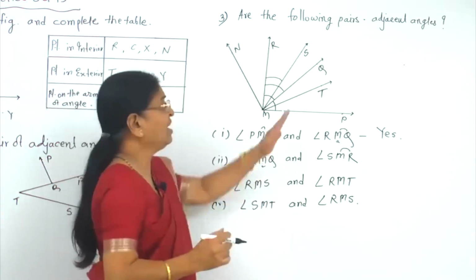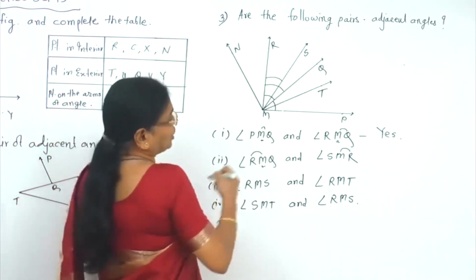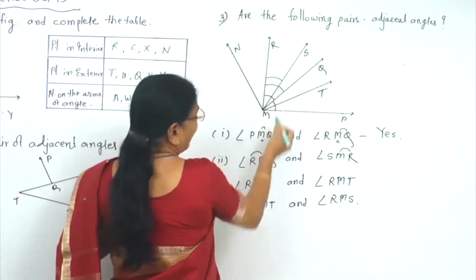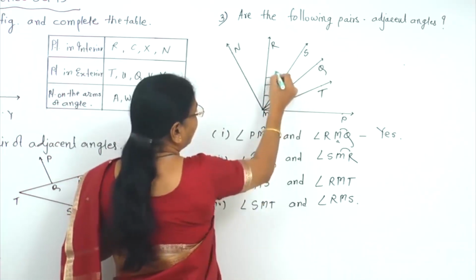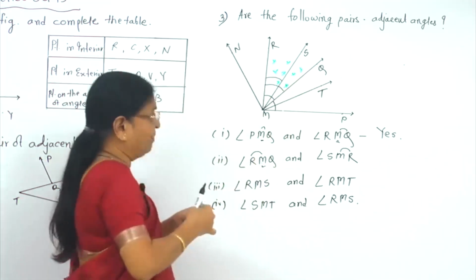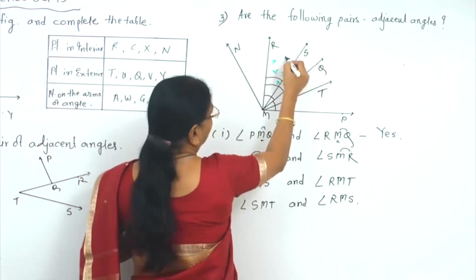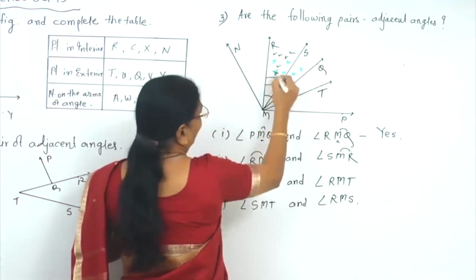But you can see that here is the vertex, I will check again. This is angle RMQ and here is the interior part of it. I will show it. And here is SMR. Here are the points which are common.